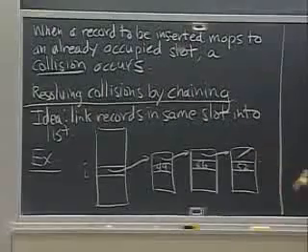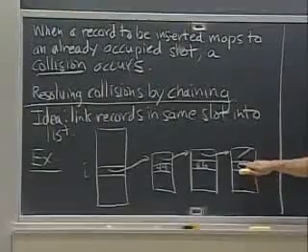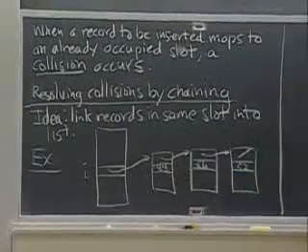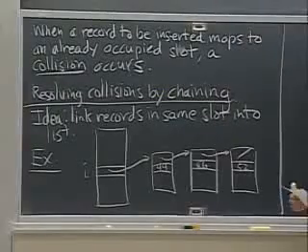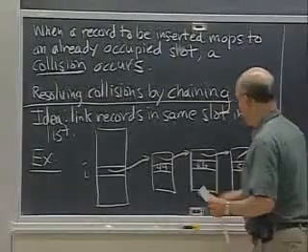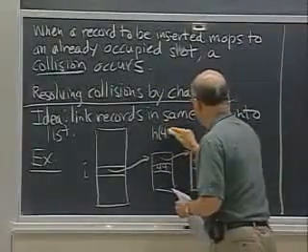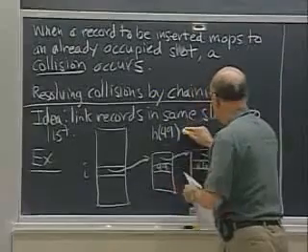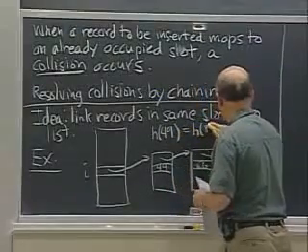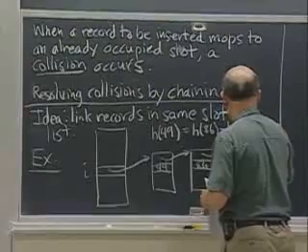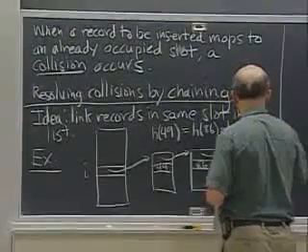So, nil pointer here. This is the satellite data, and these are the keys. If they're all linked together in slot i, then the hash function applied to 49 has got to be equal to the hash function of 86, which is equal to the hash function of 52, which equals what?